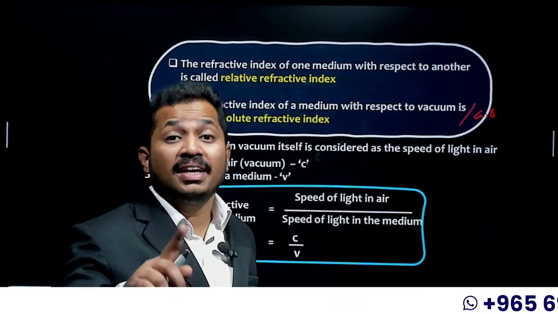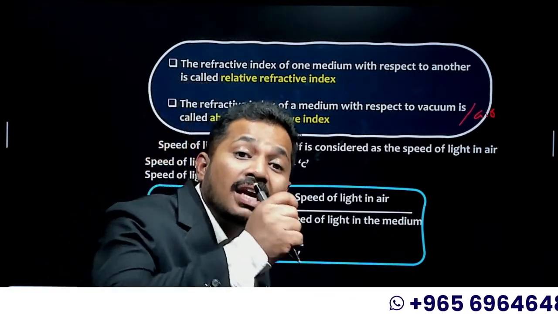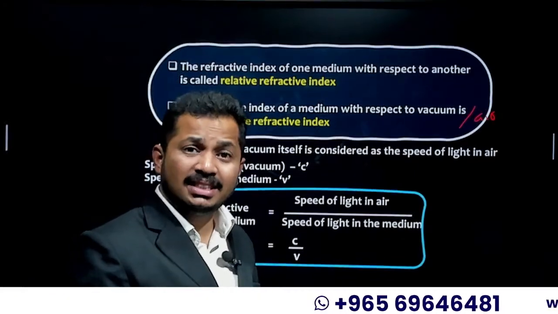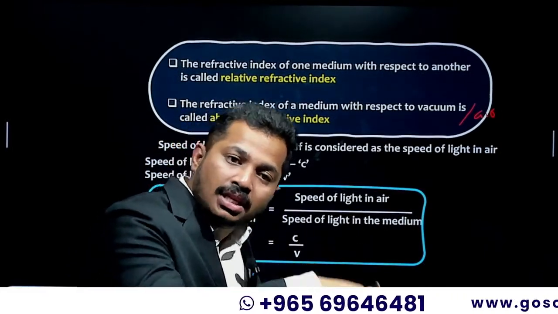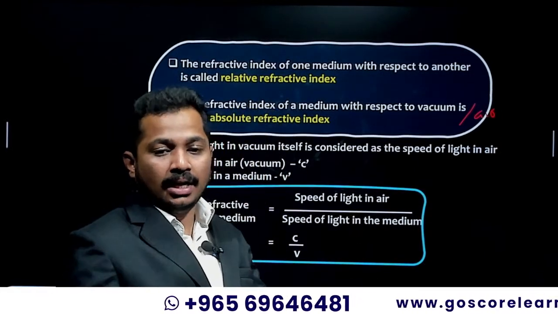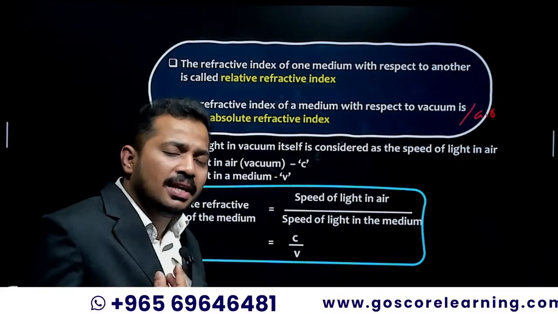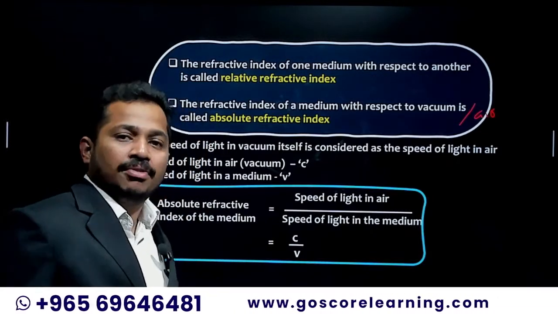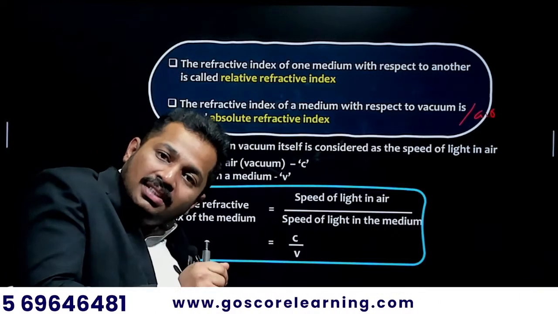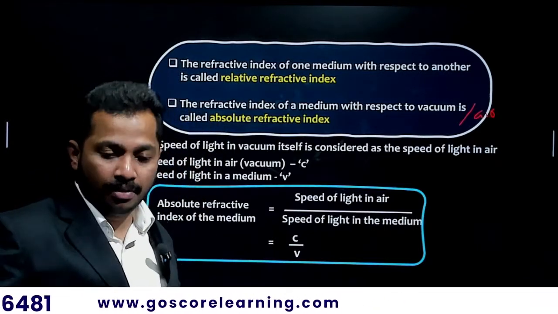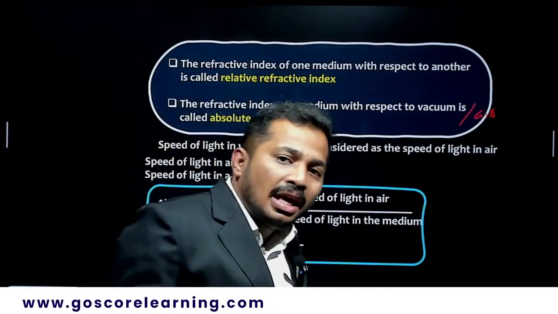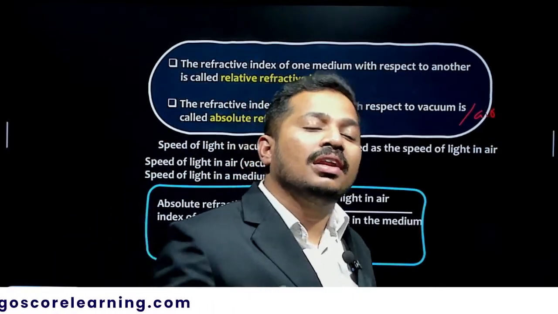If they want to specify relative refractive index, they should mention it specifically. Otherwise, if they simply write or say refractive index, we should take it as absolute refractive index. So absolute refractive index is also called refractive index.